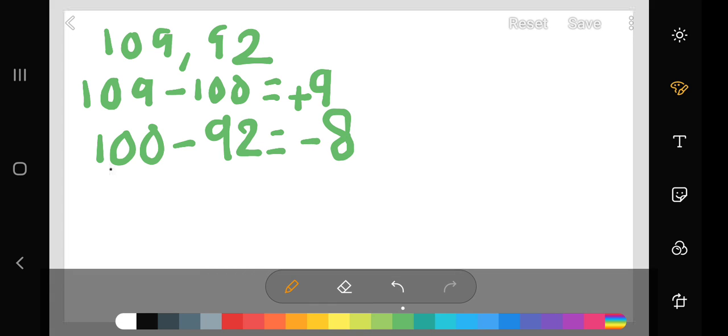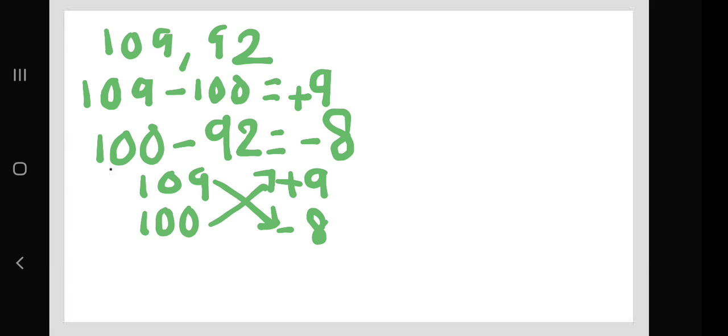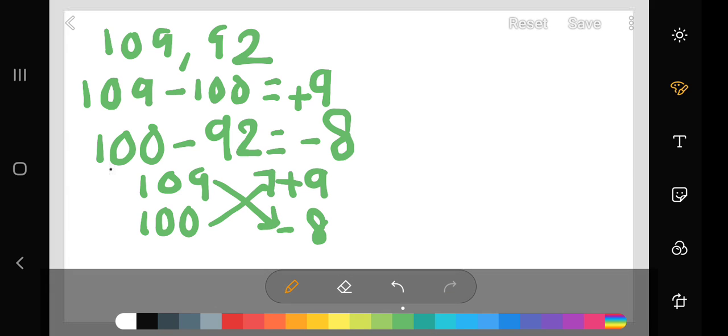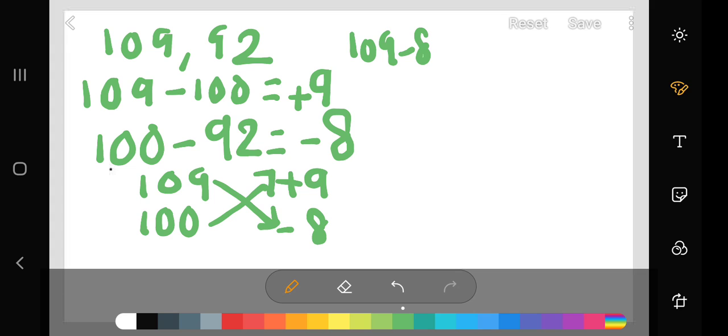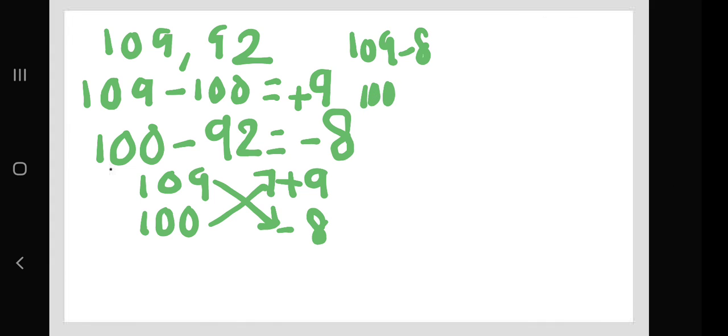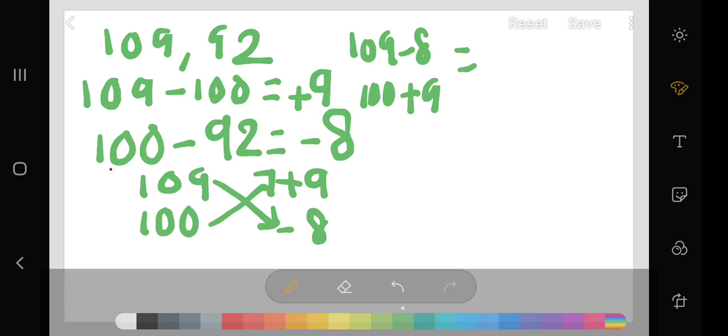Then the next step, we have 109 and 100, we will put a cross sign here, which denotes that 109 is for 8 and 100 is for 9, meaning 109 minus 8 and 100 plus 9.